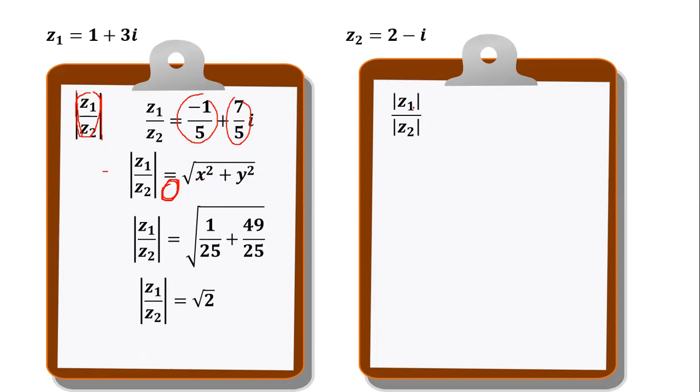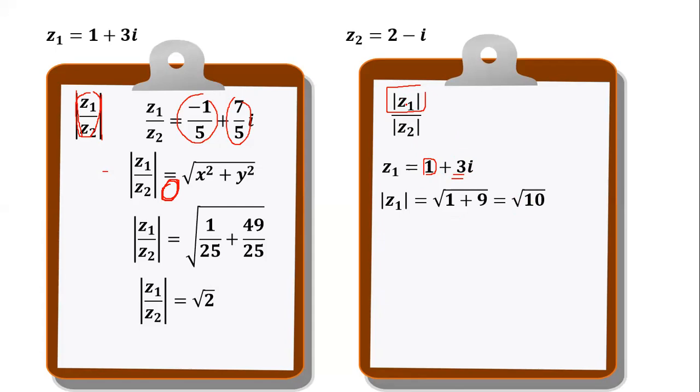Next step is to calculate the modulus of z1 alone divided by the modulus of z2 alone. So first step is calculation of the modulus of z1. How to calculate it? Apply the formula radical x squared plus y squared, where x is the real part and y is the imaginary part. We will get that the modulus of z1 is equal to radical 10.